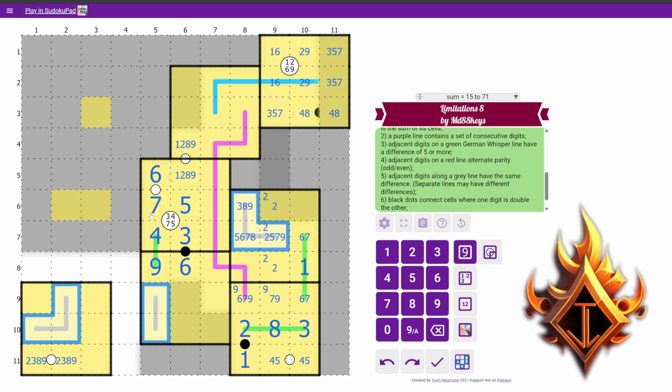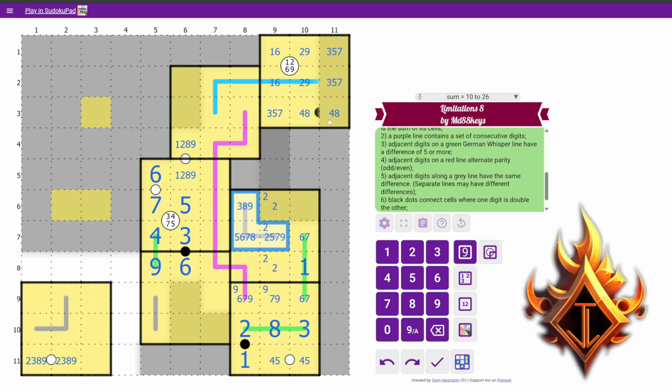And let's not forget that these difference lines could have a difference of 1 and just be consecutive, but they would have to be consecutive in a row, instead of like the pink one, which can be in any order. They just have to be consecutive.